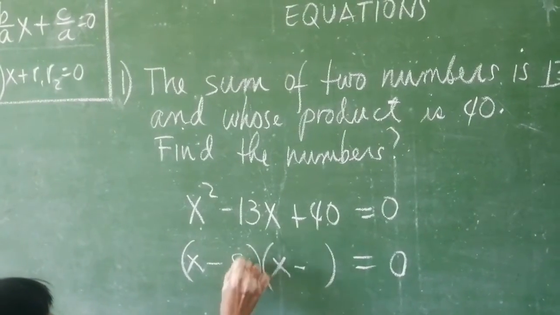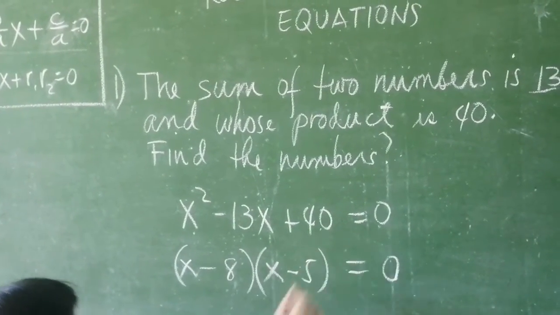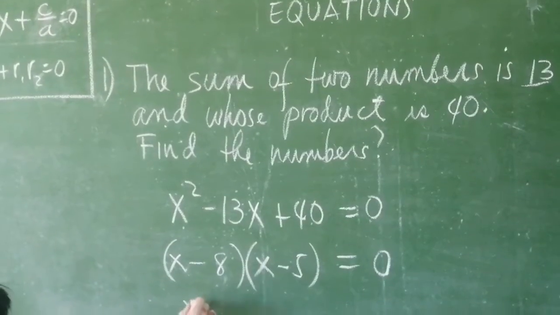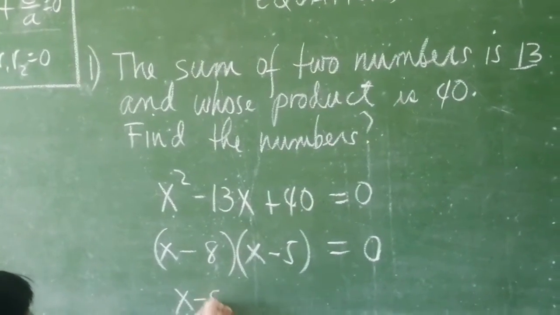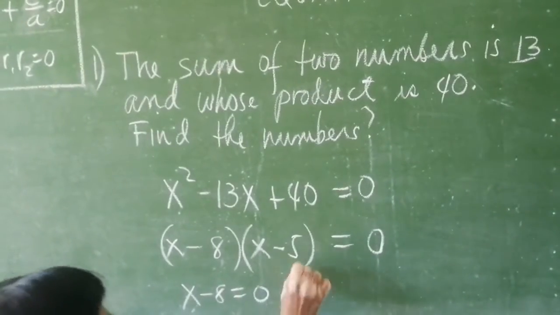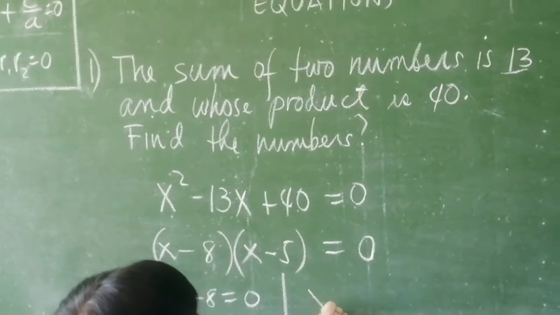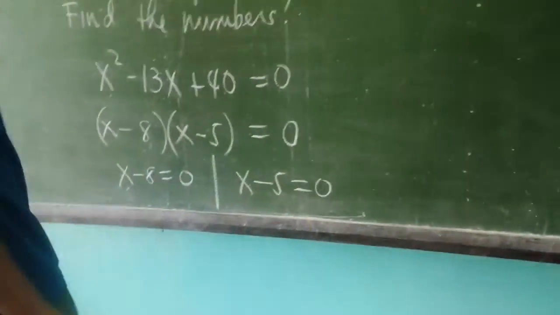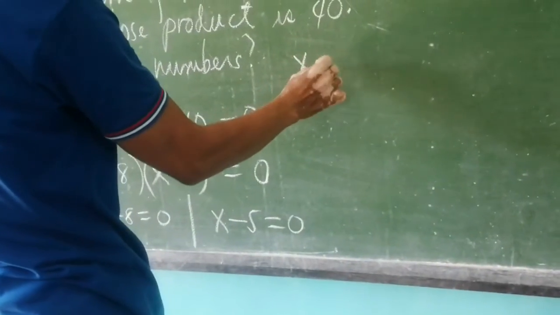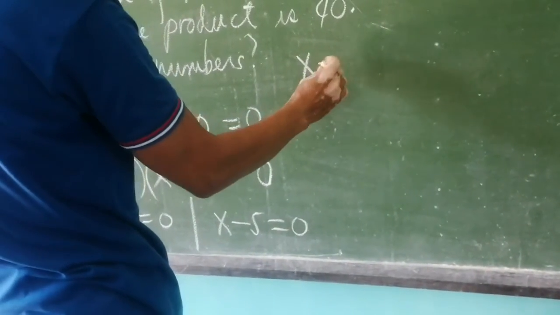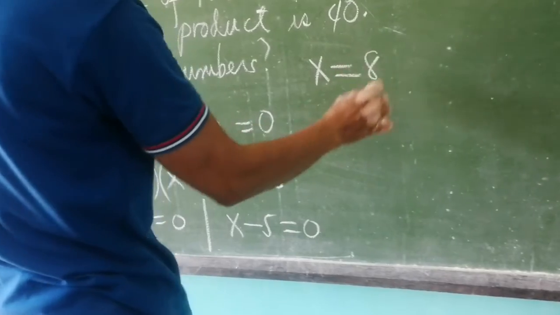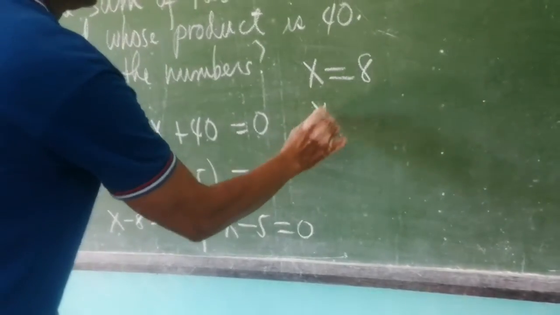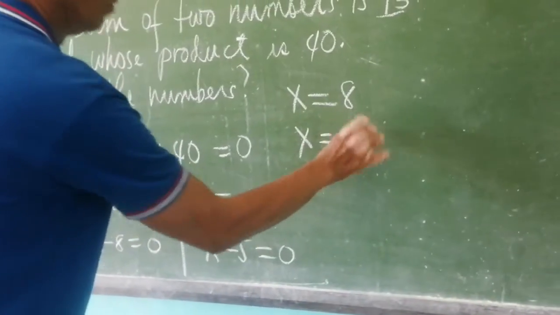So it will be 8 and 5. So solving for one value, x minus 8 equate to 0, and x minus 5 equate to 0. So therefore, one number is 8, and the other one is 5.